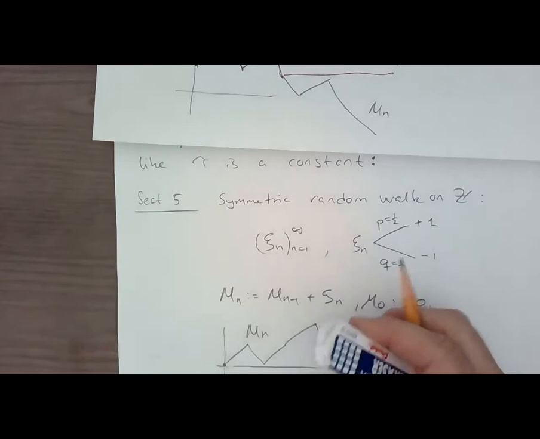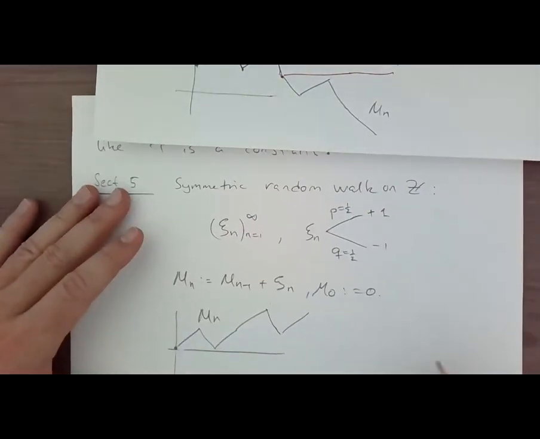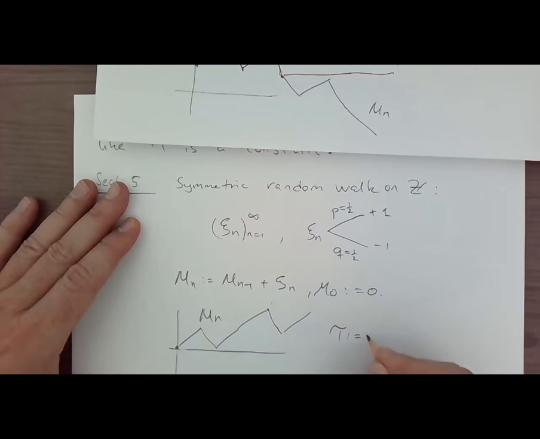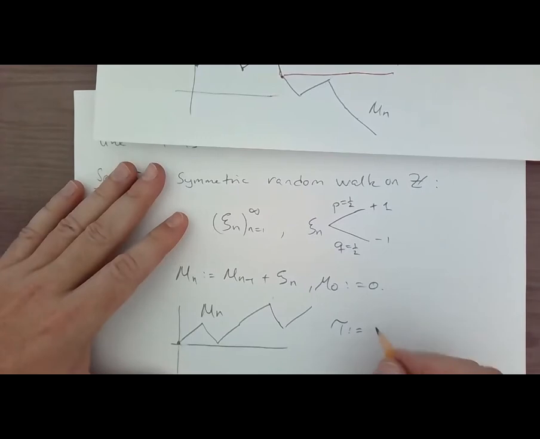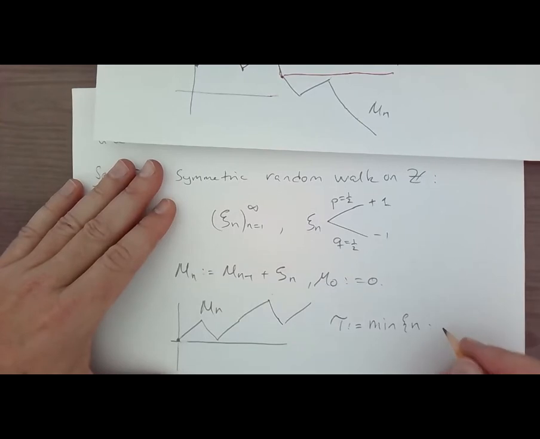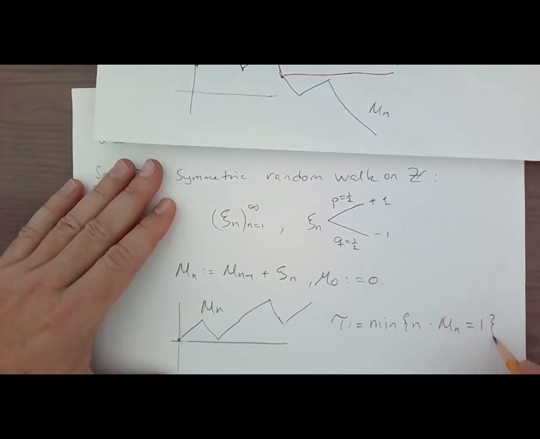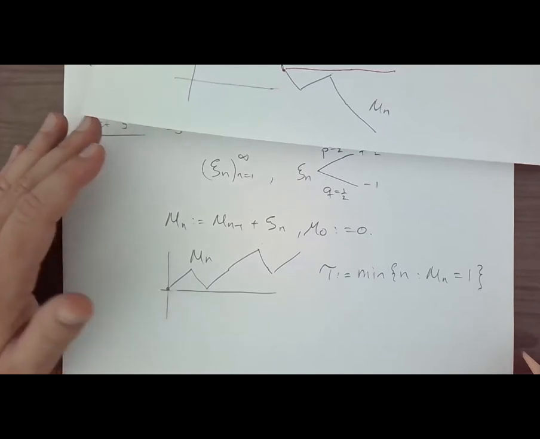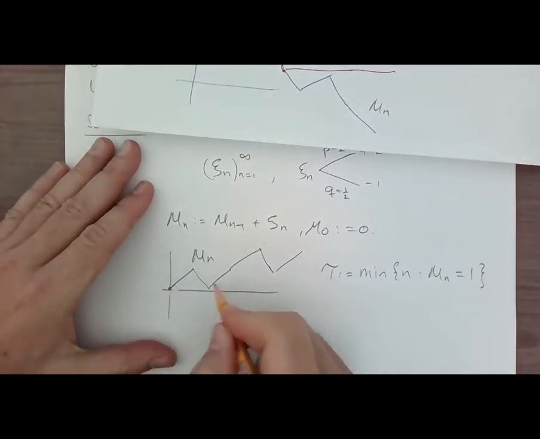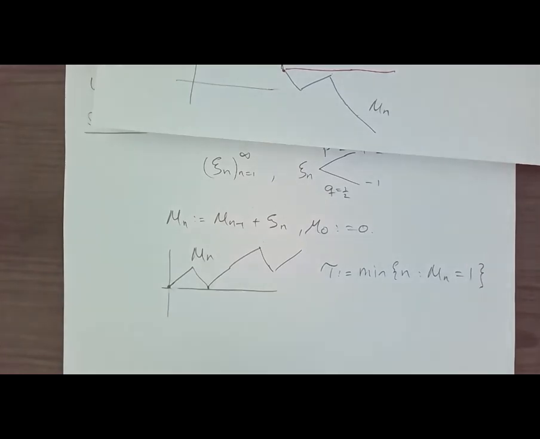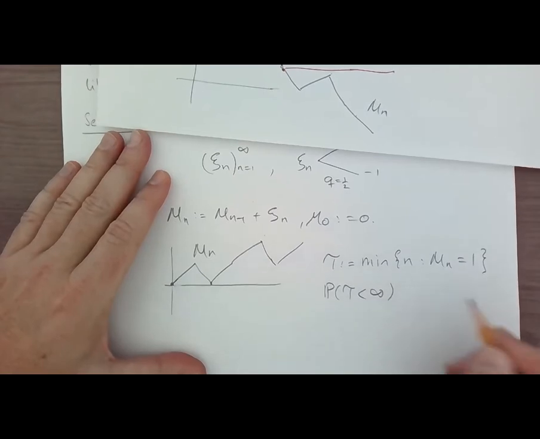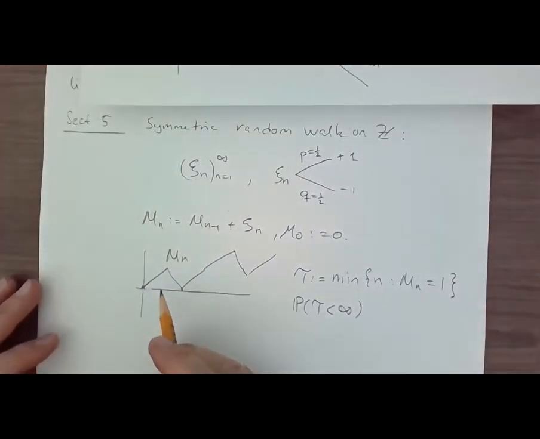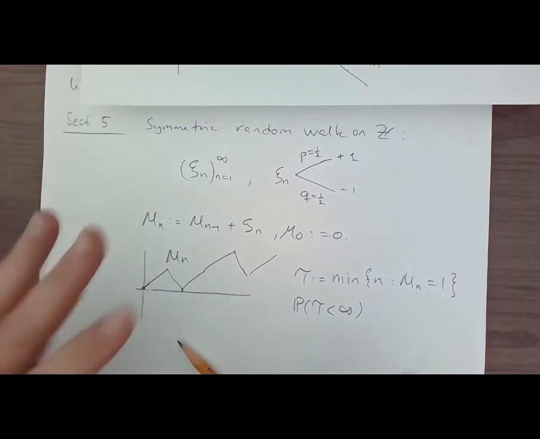Right, so if I look at tau, this is the first time, if it happens, that this symmetric random walk becomes 1. Any ideas about what the probability is of this being finite? Imagine that this is a coin flip.